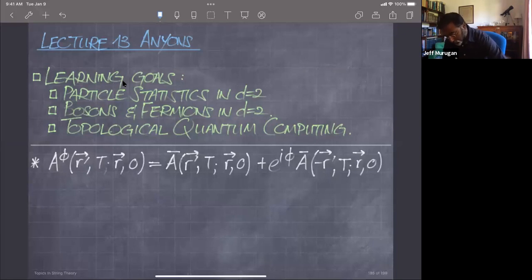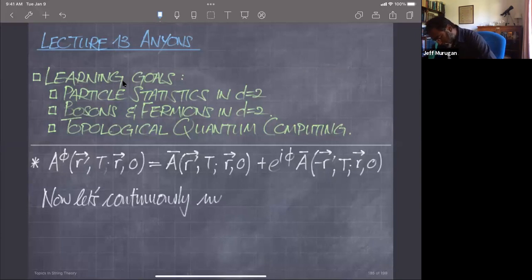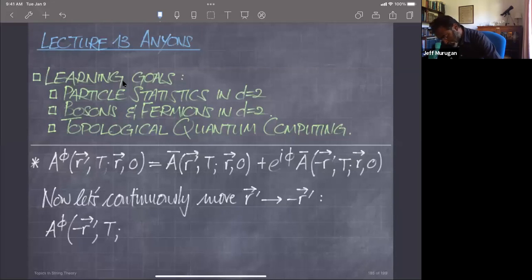So now let's continuously move R prime to minus R prime, in which case my amplitude A phi goes to A phi of minus R prime, T, R naught.